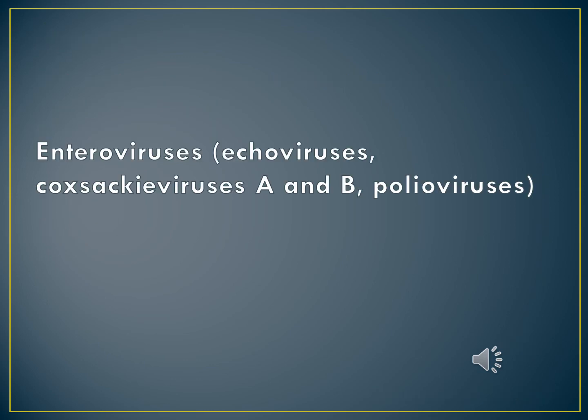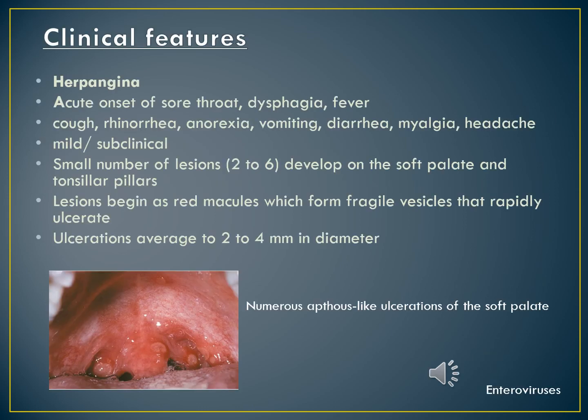Next, I'll talk about enteroviruses, which are further classified into echoviruses, Coxsackie viruses A and B, and polioviruses. Enteroviruses primarily affect children 1 to 4 years old. In herpangina, there will be acute onset of sore throat, dysphagia, and fever. Occasionally, it is accompanied by cough, rhinorrhea, anorexia, vomiting, diarrhea, myalgia, and headache.